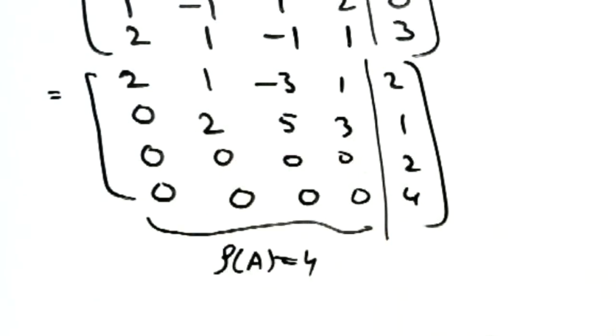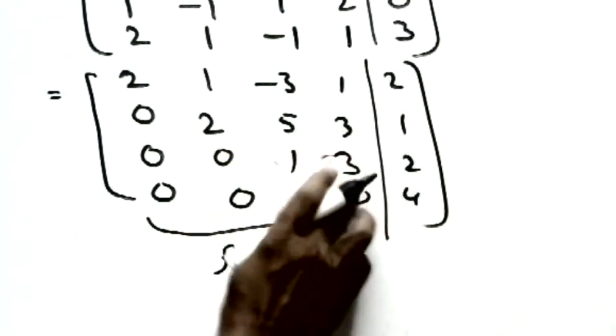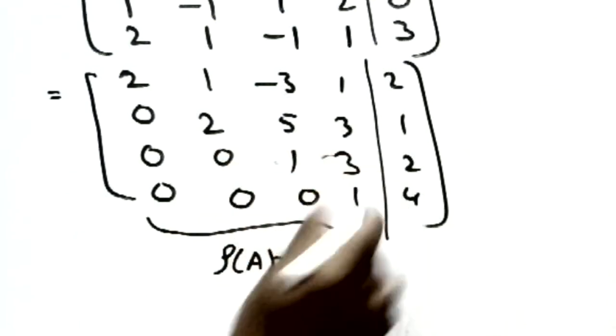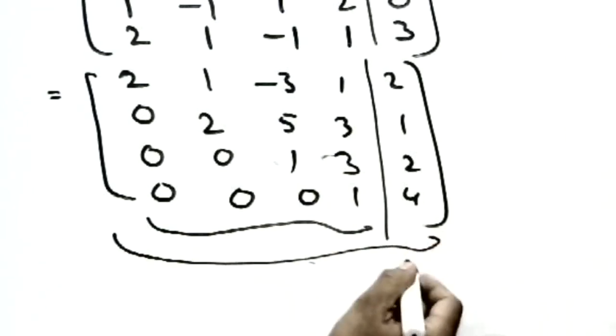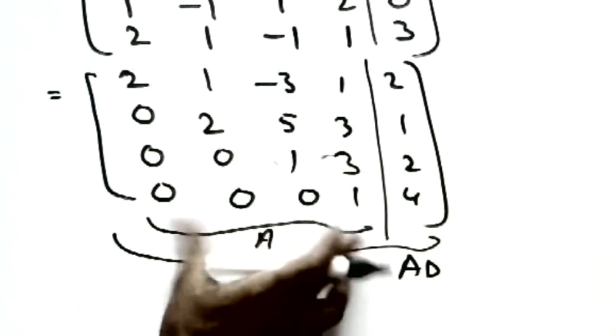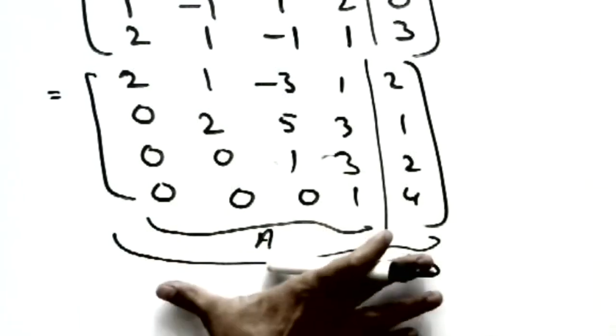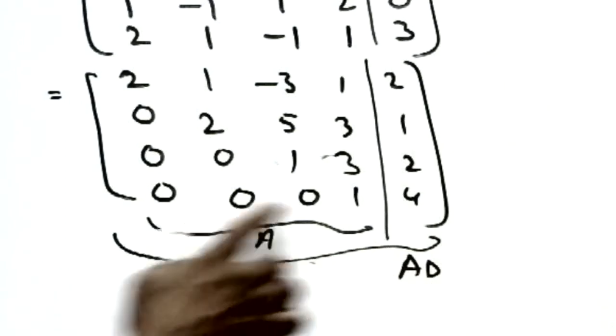Suppose we have another zero row here, so the rank of A will be 2. Suppose we have numbers here, and also some number here. When we take this column also together, we call it AD. If we take only this much, we call it A. When we take the complete matrix, we say AD.